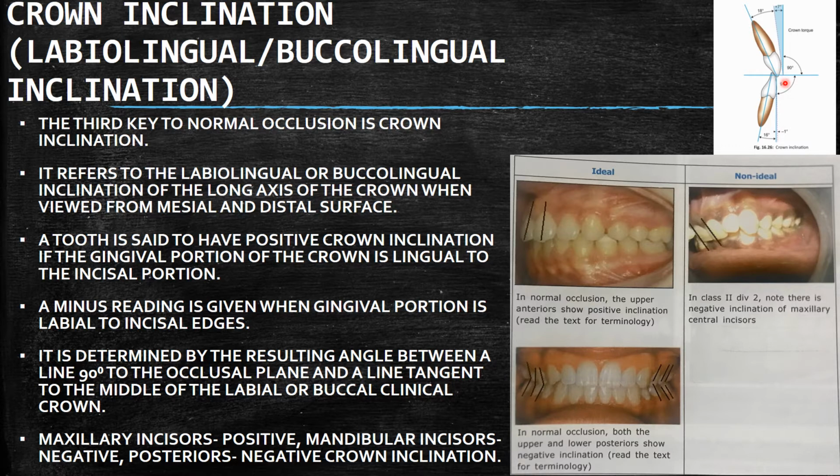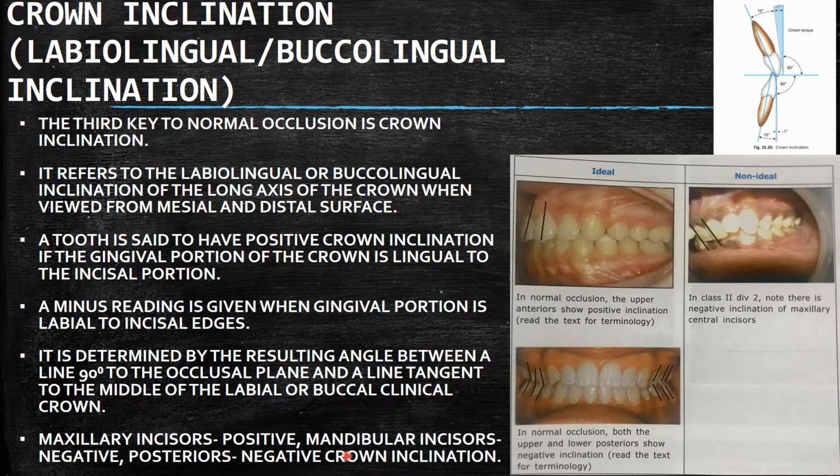And maxillary incisors are basically positive. Now when you're doing your teeth arrangement, the way you arrange your maxillary incisors, you have that proclination, so they have this positive. That proclination means your gingival portion is more towards the lingual side, so the gingival portion is lingual to the incisal portion, and you're placing it in that manner.